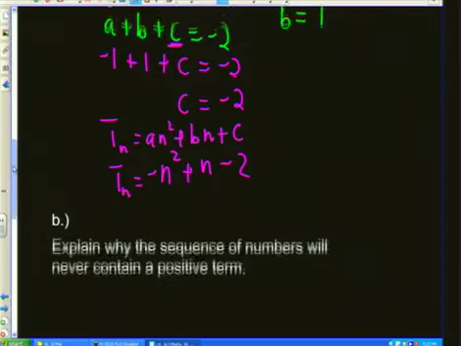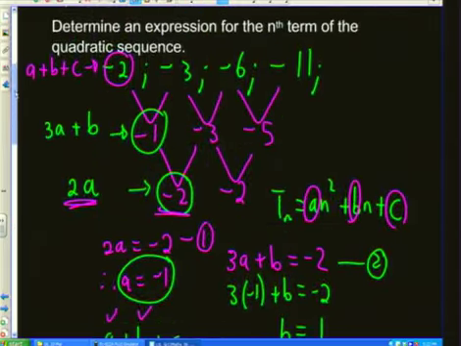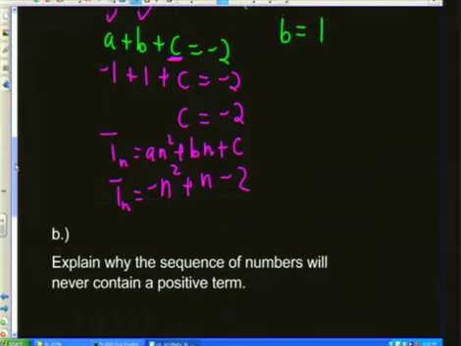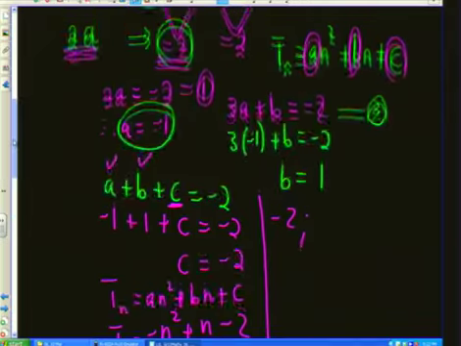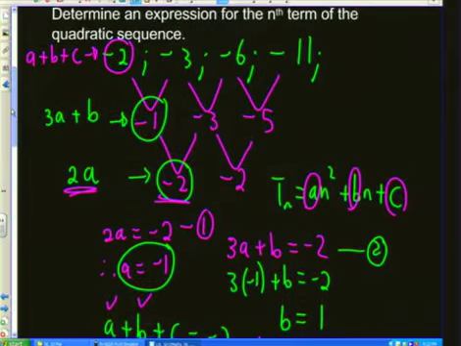All right? Now, guys, how do you check if you're correct or not? This is your Tn equals minus n squared plus n minus 2. If you sub in 1, you will have minus 1 plus 1, which is 0. You're left with minus 2, which in this case works out because your first term is minus 2.